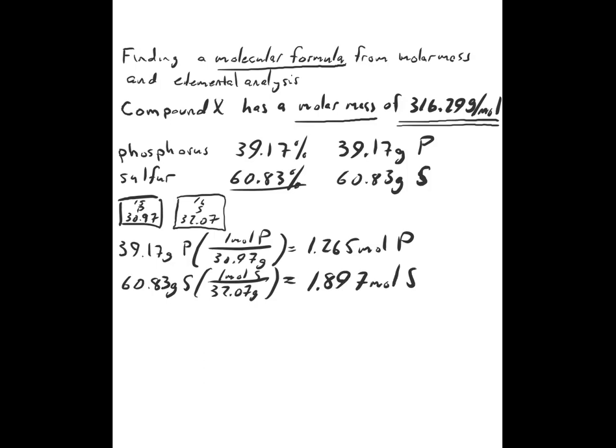Same thing. Divide each by the smaller number. I'm just kind of looking at this ratio. I'll talk a little bit more about ratios in a moment. Phosphorus is the smaller one. So let's do phosphorus first. You're going to divide it by itself because it's the smaller one.